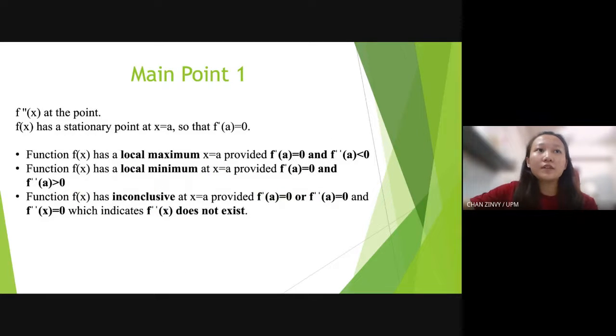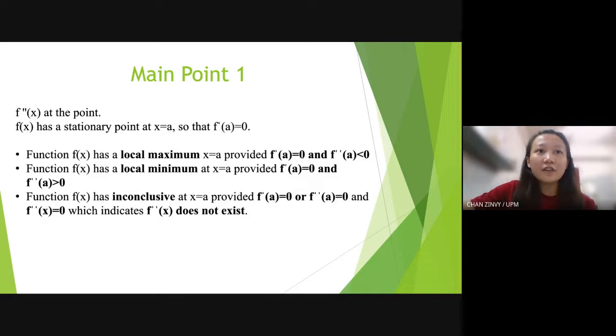Suppose f(x) has a stationary point at x equals a, so that f'(a) is equal to 0. The function f(x) has a local maximum at x equals a provided f'(a) equals 0 and the second derivative f''(a) is smaller than 0.